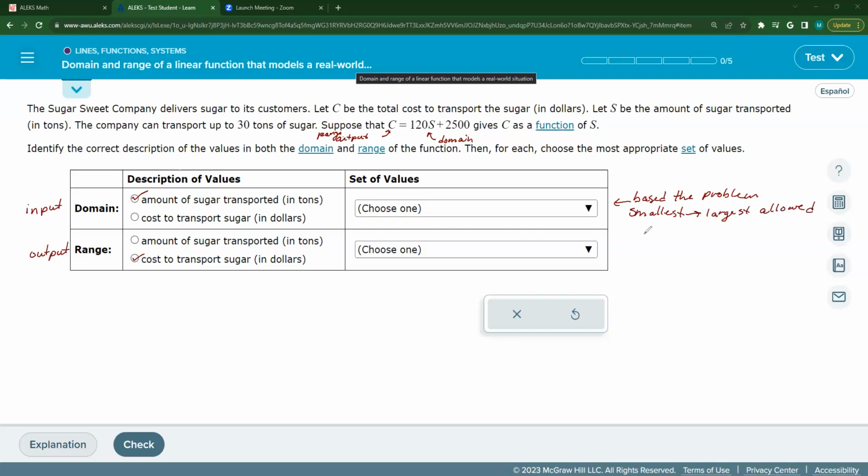Okay, so when we're thinking the smallest, what you're asking yourself is, do negatives make sense? And then the other thing is, can you do fractions? Does that make sense?